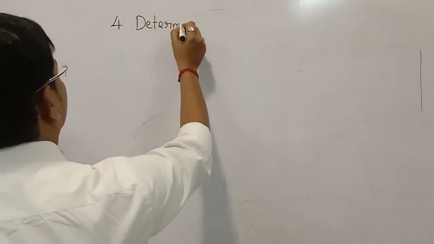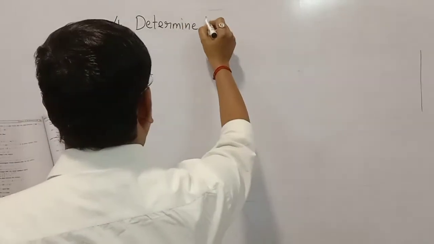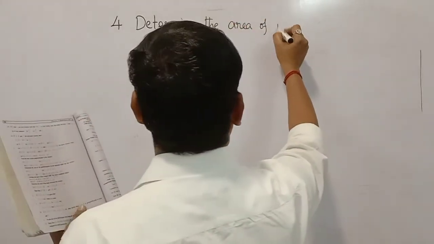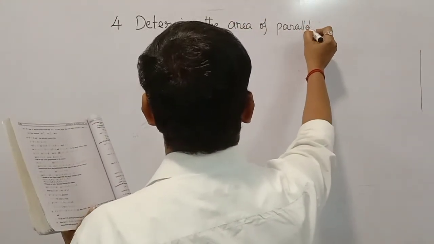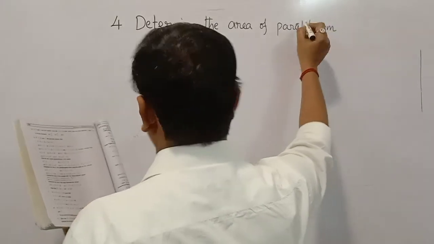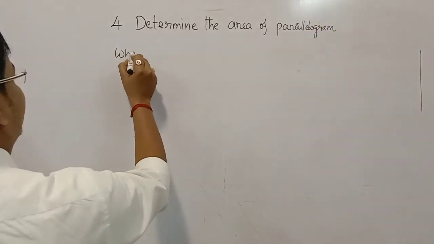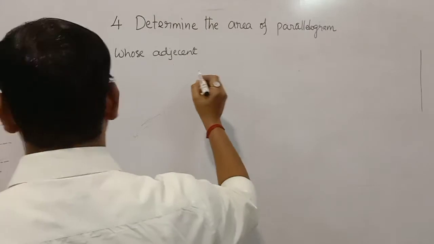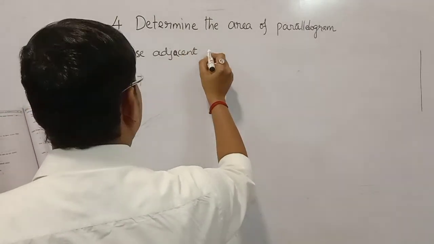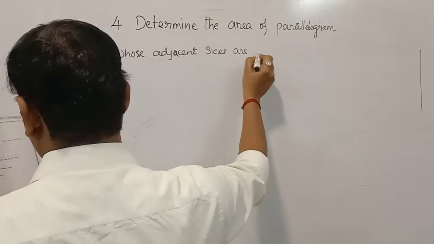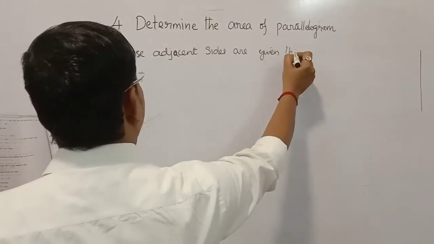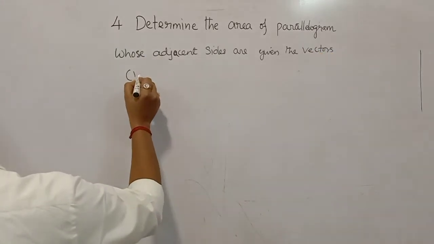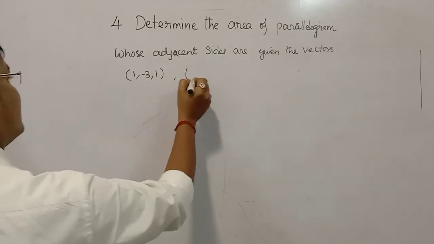Determine the area of the parallelogram whose adjacent sides are given the vectors 1 minus 3 1 comma 1 1 1.